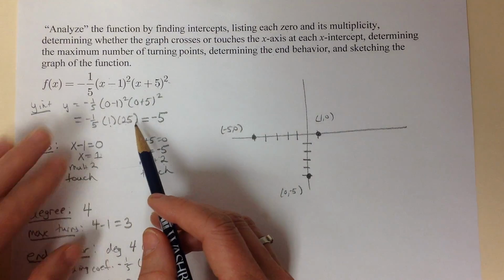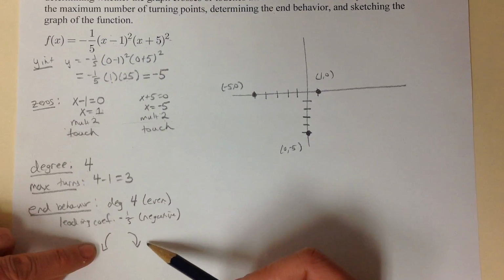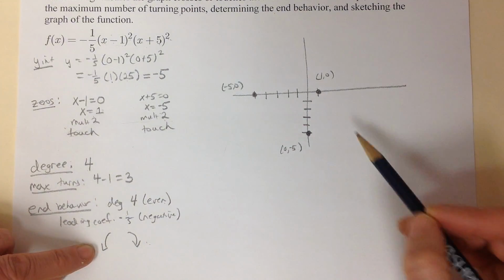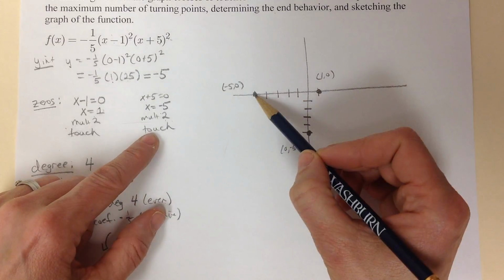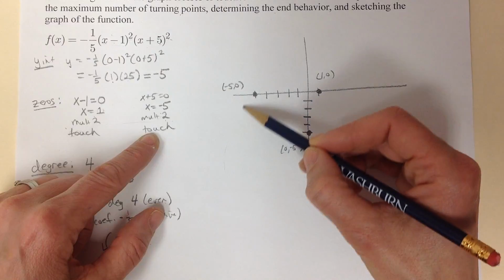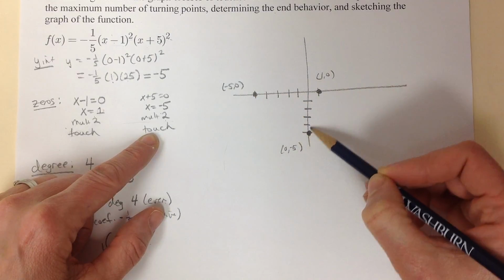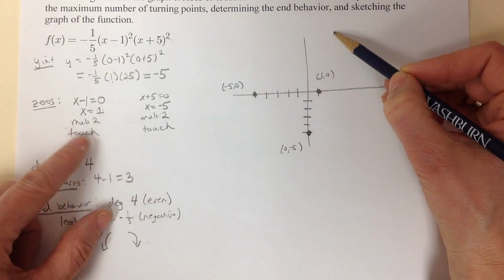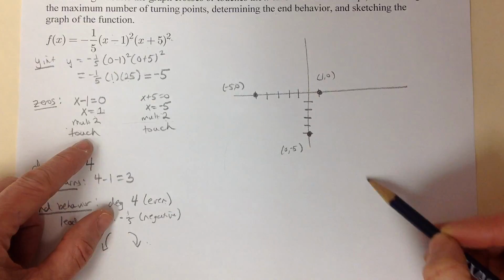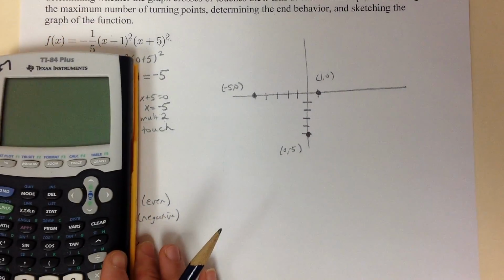Okay, now with that, I want to tie together my end behavior. So I know that the ends are going to go down. I know that I'm only going to touch the x-axis at -5. So I know it's going to come up here and touch. Then I've got to come back and hit this value. And then I'm going to have to go in here, and again, just touch. So I'll turn and come back down. So from that, I can get a fairly reasonable idea of what this graph is going to look like.